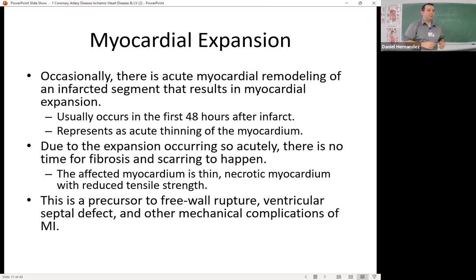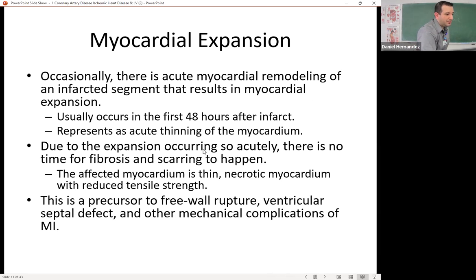But in cases with myocardial expansion, that myocardium stretched out really rapidly and becomes very thin. Those patients run a very high risk for developing aneurysm and rupture, so free wall rupture. So it is aneurysmal, but they run a higher risk of developing free wall rupture.